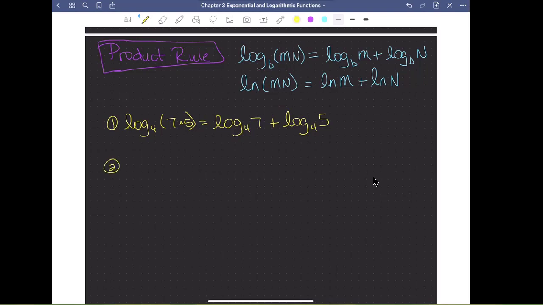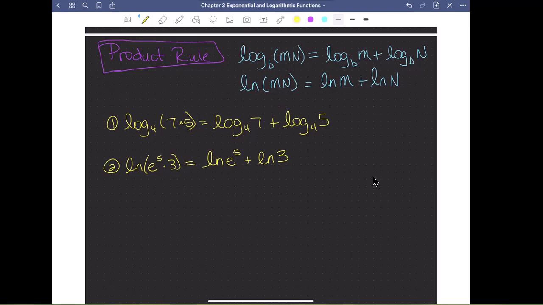Fancying it up a little bit, we can look at some natural logs. So what if I had the natural log of e to the 5th times 3? Same principle applies. This would be the natural log of e to the 5th plus the natural log of 3.